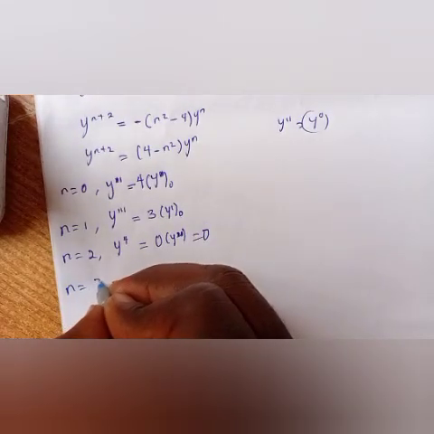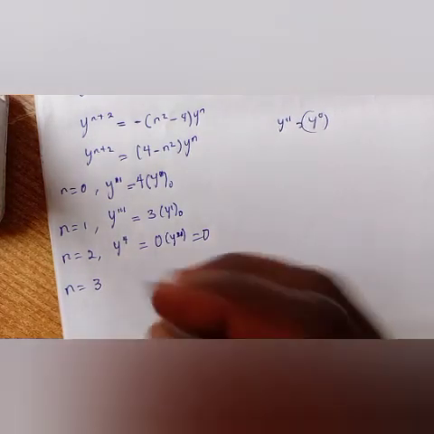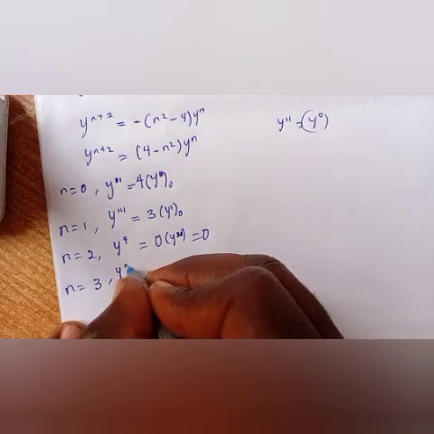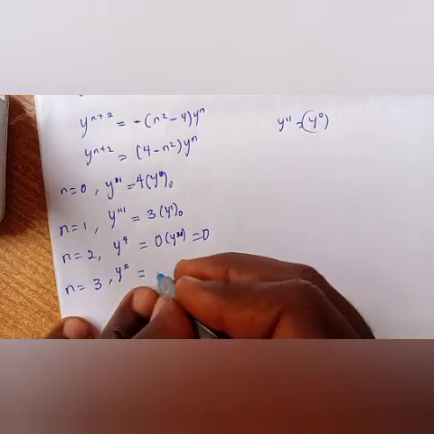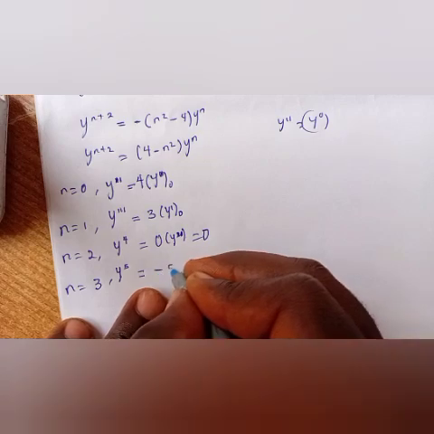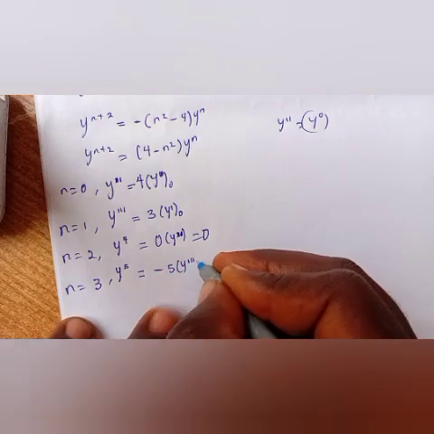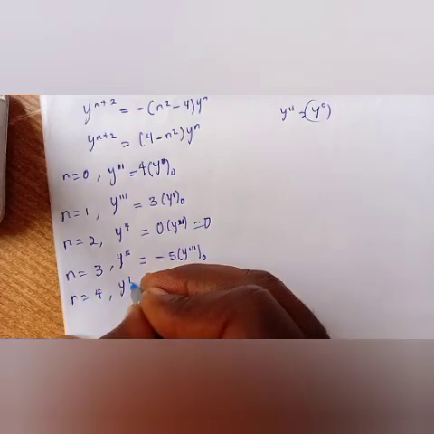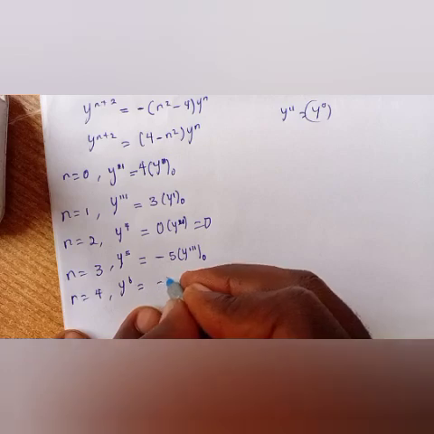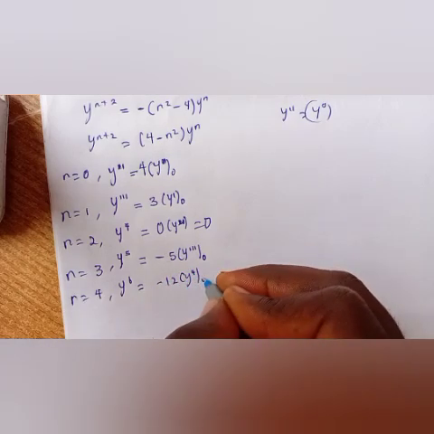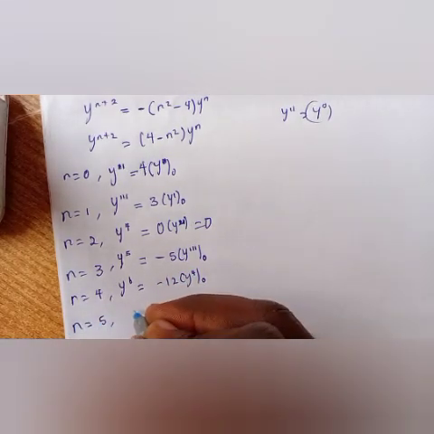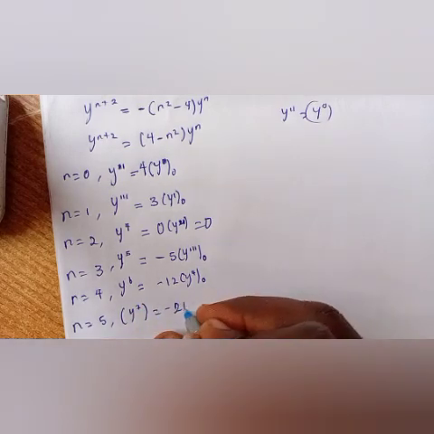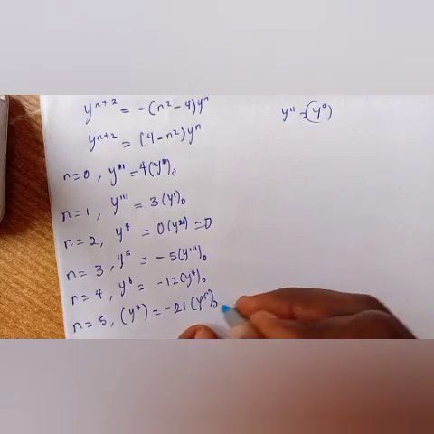Now when n equals 3, we're going to have y5 equals minus 5 y3(0). When n equals 4, we're going to have y6 equal to minus 12 y4(0). When n equals 5, we're going to have y7 equals minus 21 y5(0).